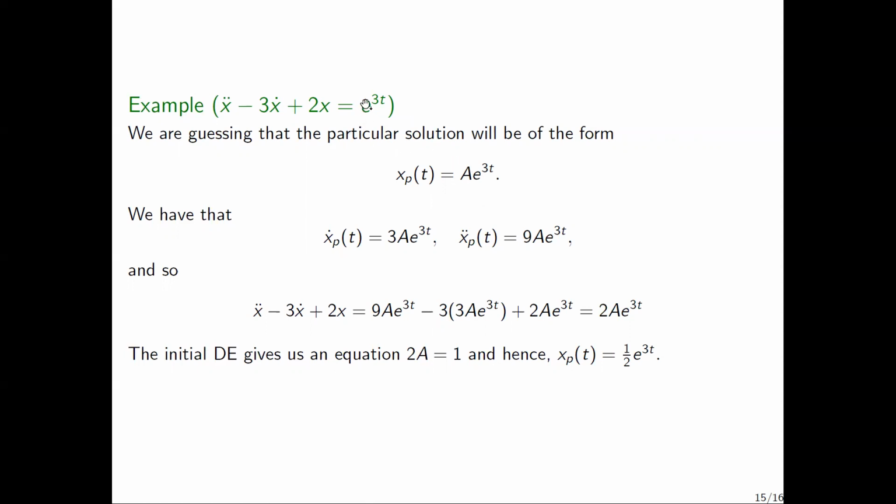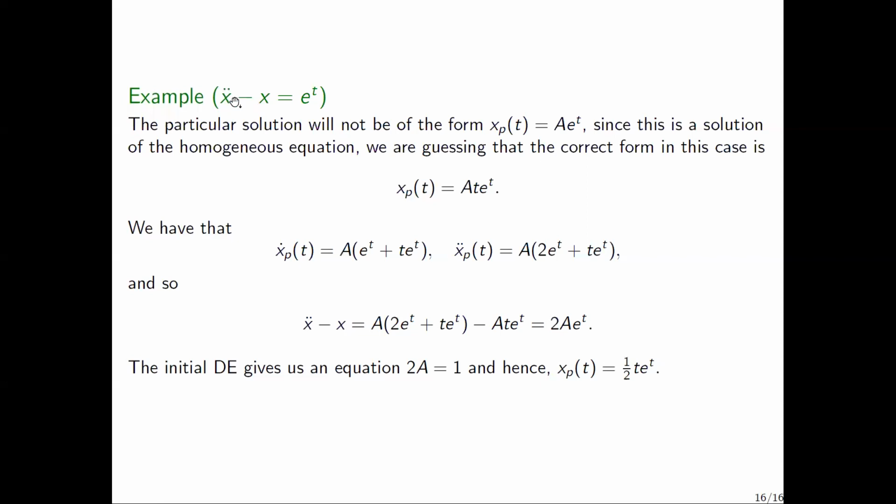So if on the right-hand side we have -1t in the exponent, this procedure won't work. However, in this case, it turns out that if we add t times e to this function, then the procedure works. And this is the concept of the next example. The second derivative of x minus x is e to t. At first look, we would guess that the particular solution is a times e to t.